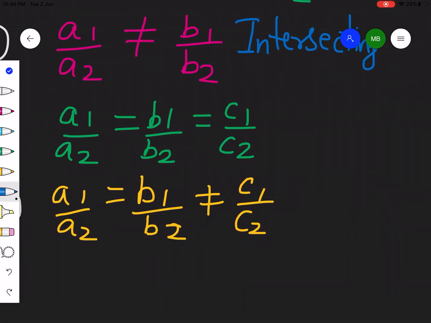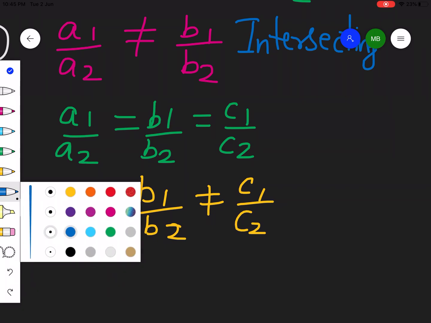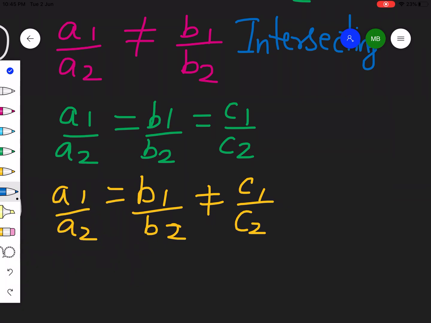Each of these possibilities also corresponds to a graphical representation. As we have already seen, if the ratio of coefficients of x is not the same as the ratio of coefficients of y, then the lines will be intersecting. But if all three ratios are the same, the lines will be coincident lines.